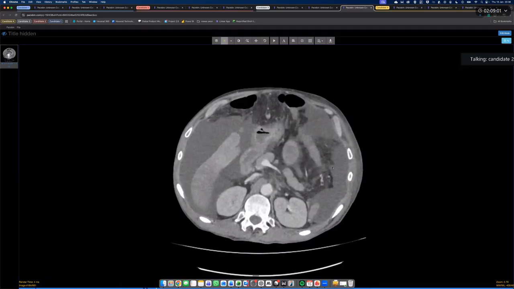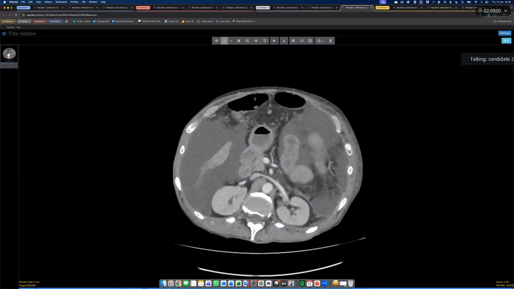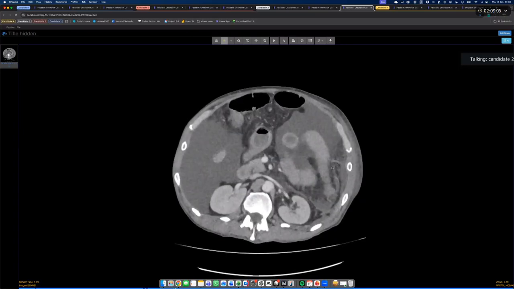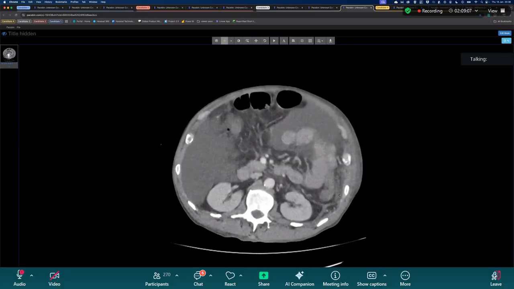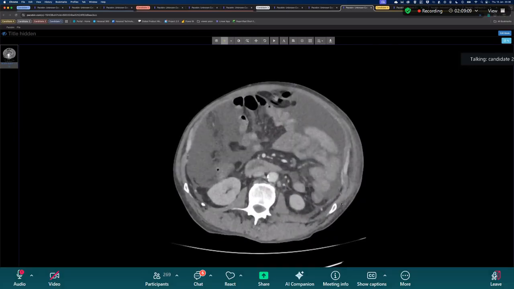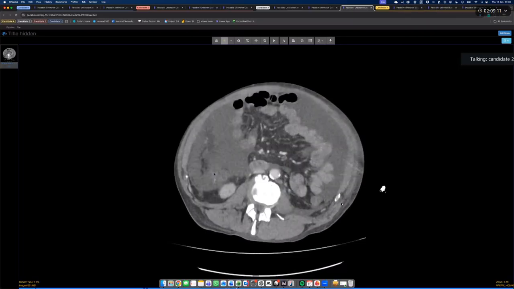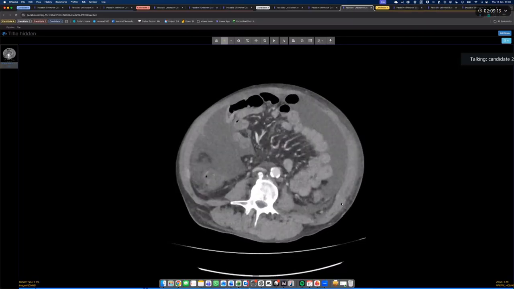I can appreciate the liver is significantly cirrhotic with a gross amount of ascites. I'll take a moment to scroll through the rest of the images and then would again come to the point of interest.